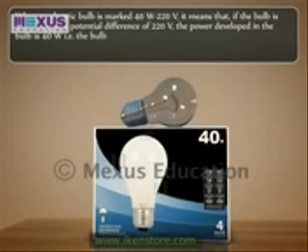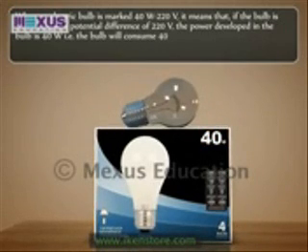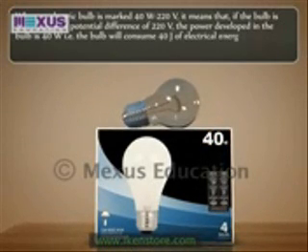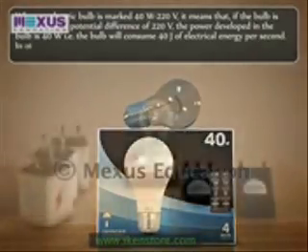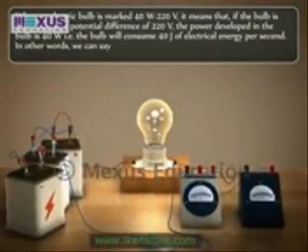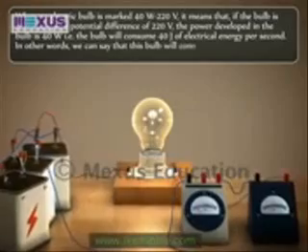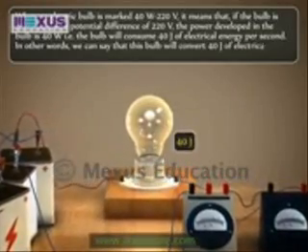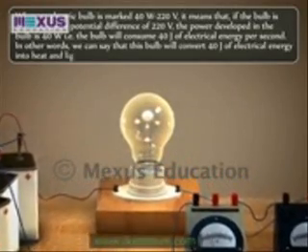That is, the bulb will consume 40 joules of electrical energy per second. In other words, we can say that this bulb will convert 40 joules of electrical energy into heat and light energy every second.